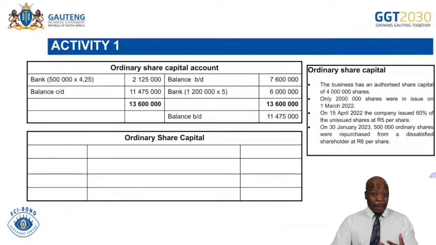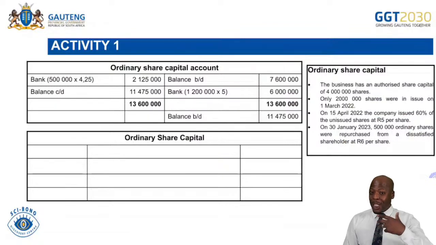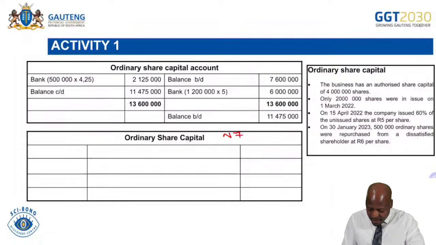So in this year, when we create our statement of financial position, we are going to need note number 7. Our ordinary share capital account is now being transformed, and we're going to use the information to make your ordinary share capital note, which is your note number 7.